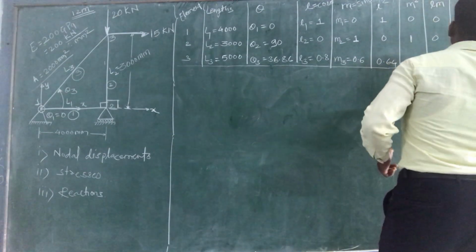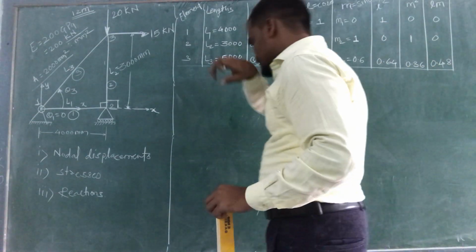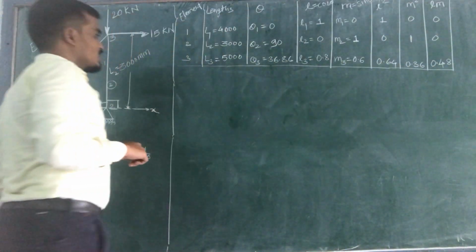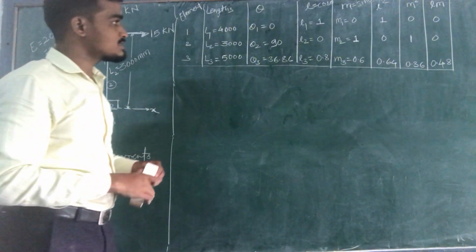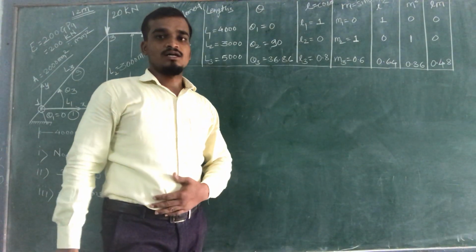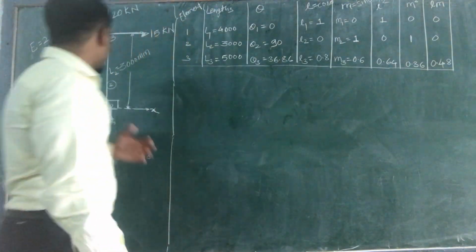Now, next is what? By using this table, now we will construct our global stiffness matrix. First, we need to construct the elemental stiffness matrix for the first element.